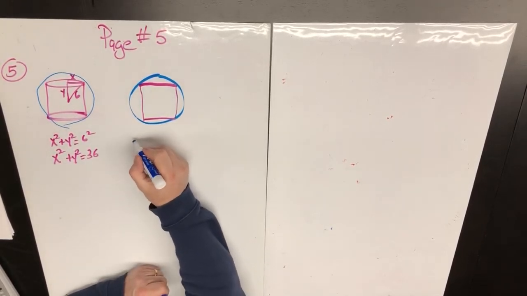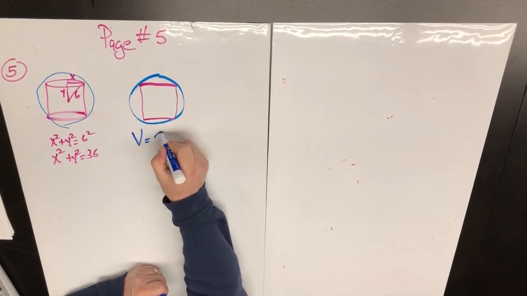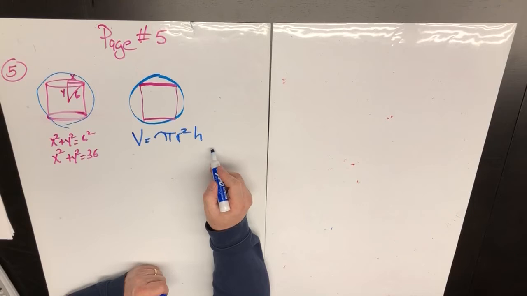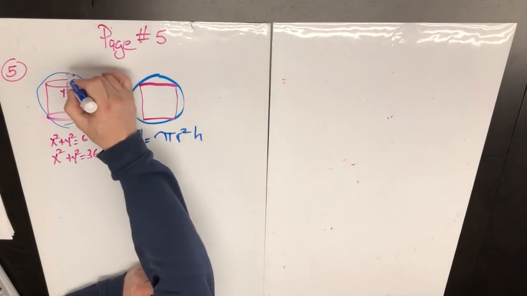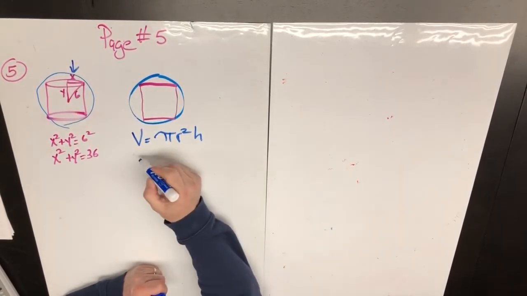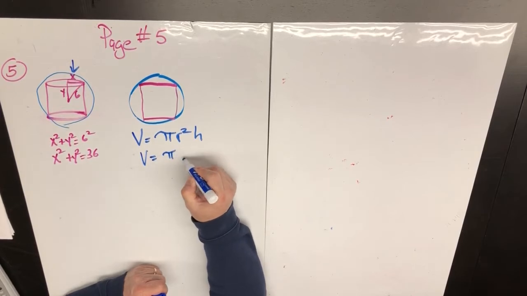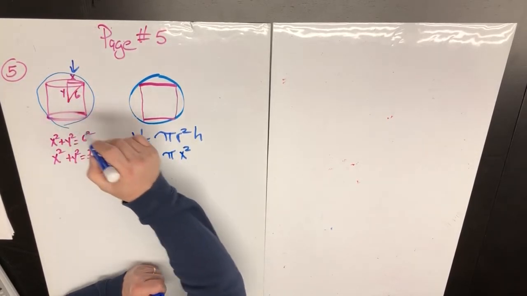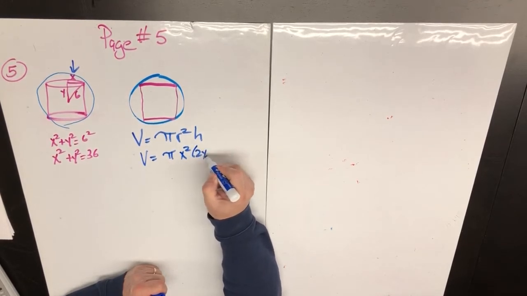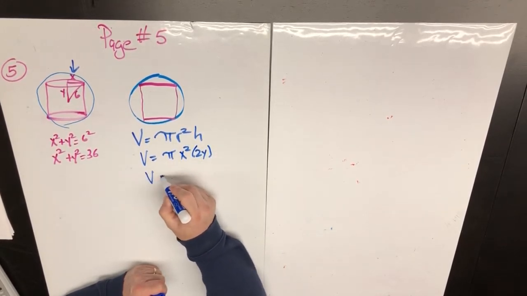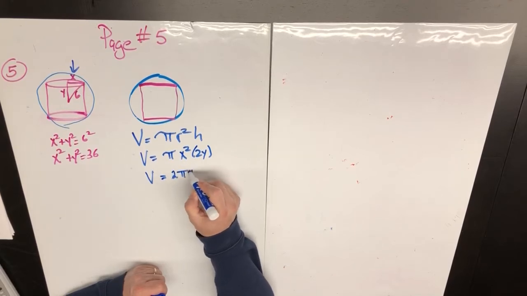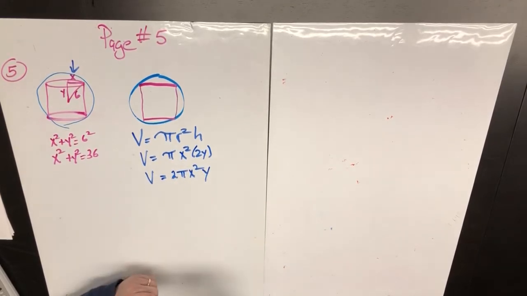The formula for volume of a cylinder is pi r squared h, and for us, the radius of the cylinder is x, and the height of the cylinder will be 2y. So V equals 2 pi x squared y.